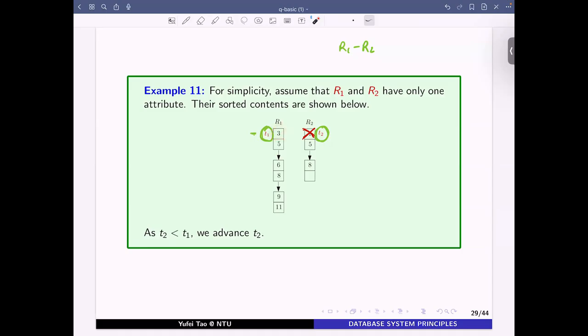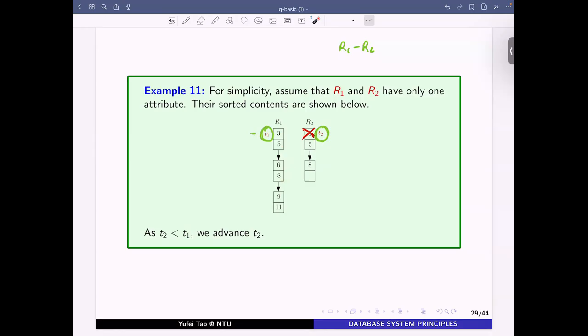According to our invariant, this 3 is the smallest element of the unscanned portion of R1, and this is the beginning, so essentially this 3 is the smallest element of the entire relation. Think about it: for the purpose of R1 minus R2, we want to check for every element in R1, like 3, 5, 6, 8, et cetera, whether these elements appear in R2. That is the rationale behind the algorithm.